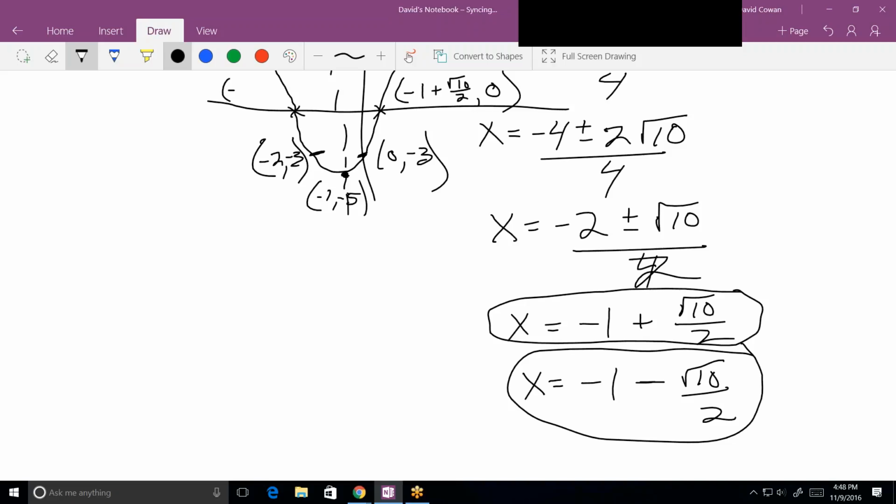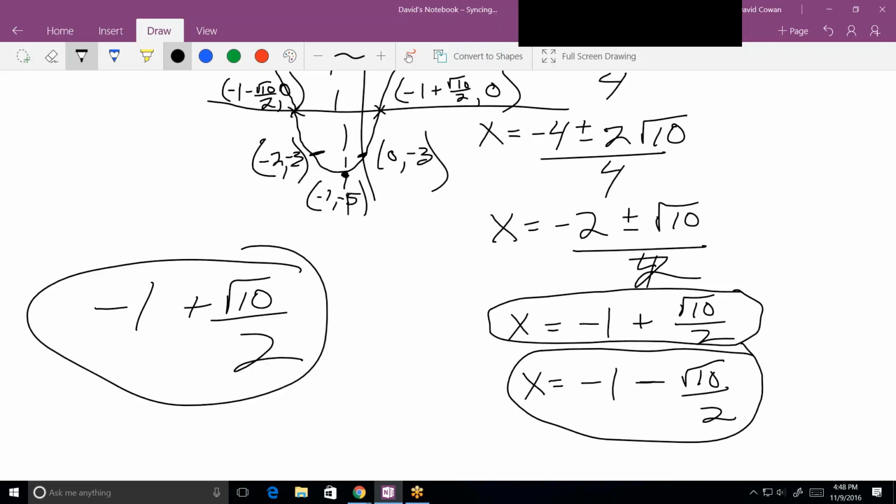Minus 1 minus square root 10 over 2. And you have to put the y-coordinate on there also. It's confusing to see this answer. That doesn't look like a typical answer, but it's the only way to accurately show that number.